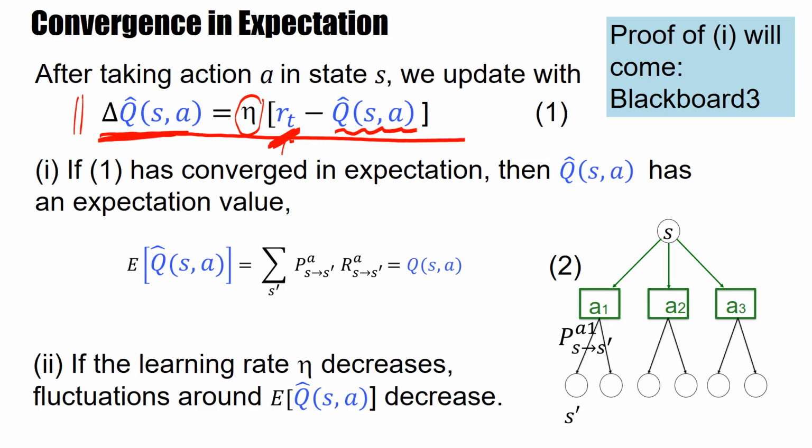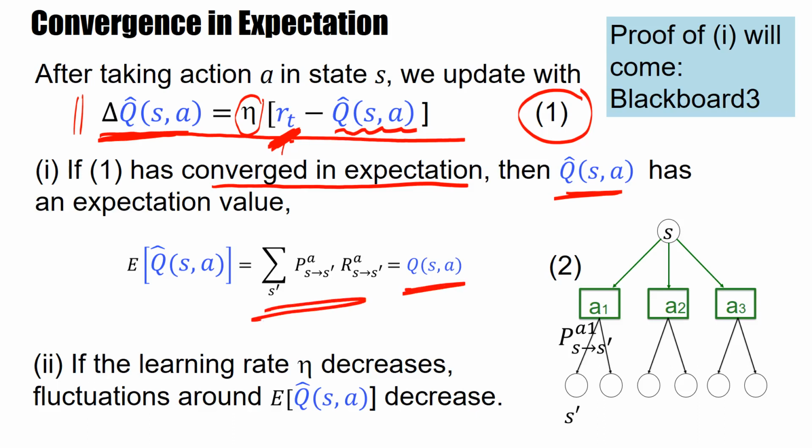If the reward is smaller than my estimation, I should decrease the estimation. Now the claim is, if this equation 1 has converged in expectation, then my empirical value Q hat has the correct expectation value. And the correct expectation value is this. I will give you the proof of this first part in the next little video.